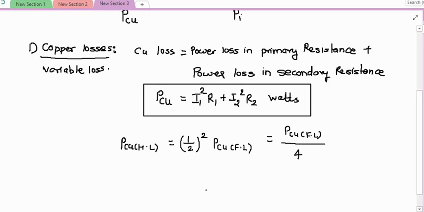It means that at half load the copper loss is reduced to one fourth of the full load copper loss. Why is it like this? Because it depends upon the square of the load current. That's why this relation comes into the picture.